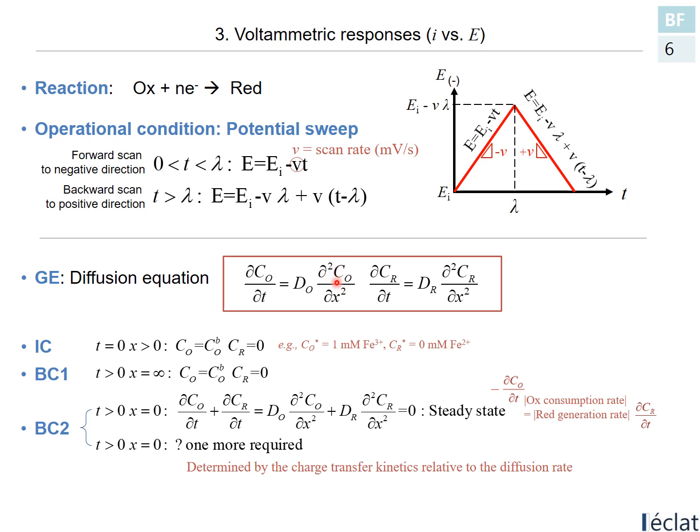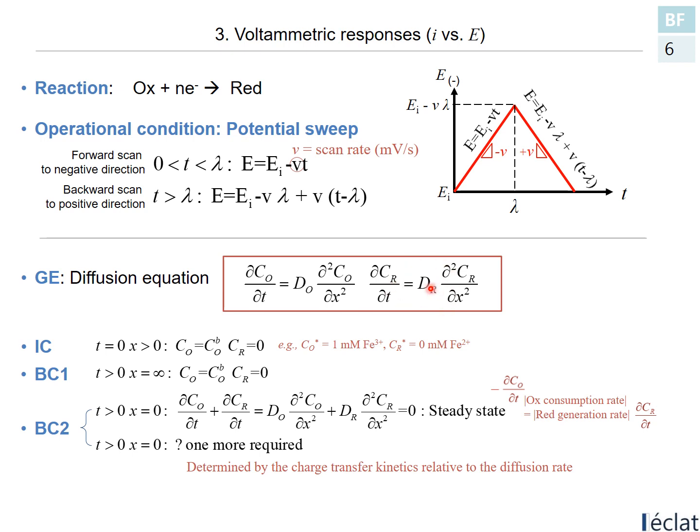In this case, I'd like to give you one more diffusion equation for the reduced species. Everything is the same, but this is for the reduced species instead of oxidized species.